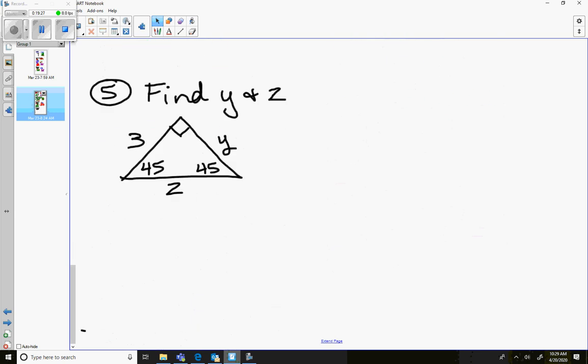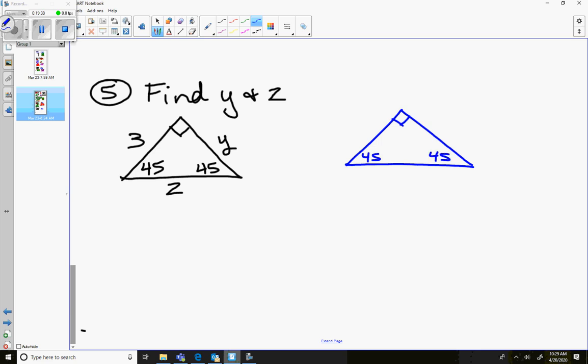And last one. Again, 45, 45, 90 triangle, but it's drawn weird. Does not matter how it is drawn. Opposite one 45 is 1, opposite the other 45 is 1.